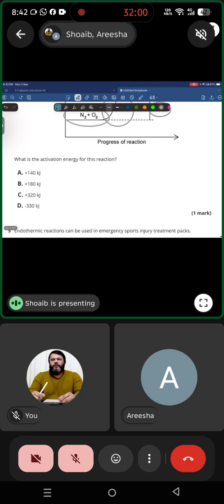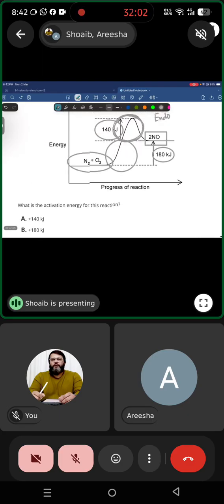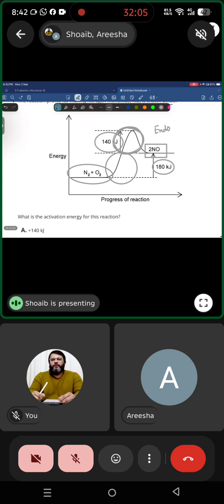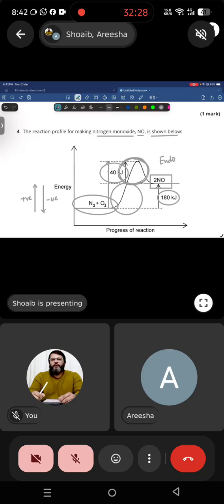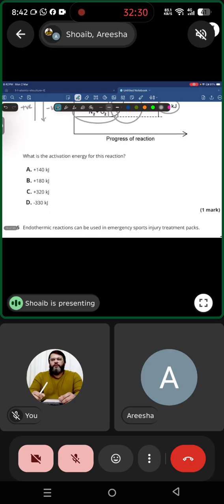The answer is 320, and the answer must be positive. Why? Because in an endothermic reaction the arrow of the activation is always above. An upward arrow is positive, a downward arrow is negative. So 320 positive, C is the correct answer here.